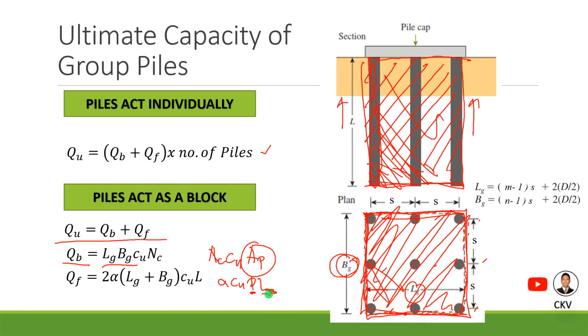Also multiply by L, the length of this group of piles. That's how this solution is derived. By concept, they have the same solution as for a single pile, only that for the pile acting as a block, we consider this shape as a whole for this group of piles.